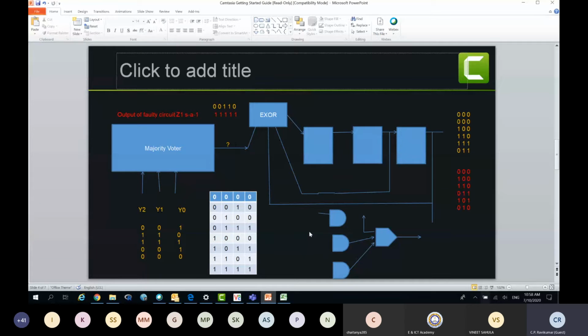If there was a different fault, let us say Z1 stuck at 0, then I'll get a different sequence. Okay, and I can simulate that.